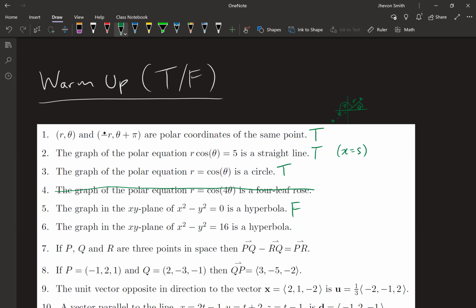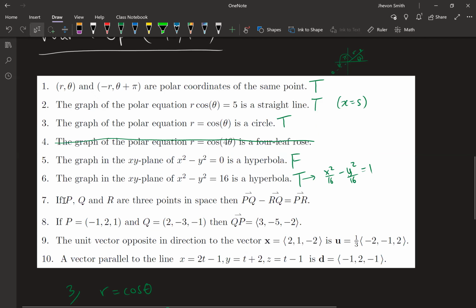Is that a hyperbola? This is true. In fact, you would actually divide both sides by 16 first. And this just means in the box in the middle of the hyperbola, you move 4 units in the x direction, 4 units either way in the y direction. That's actually true.